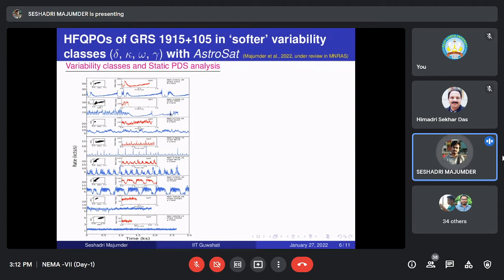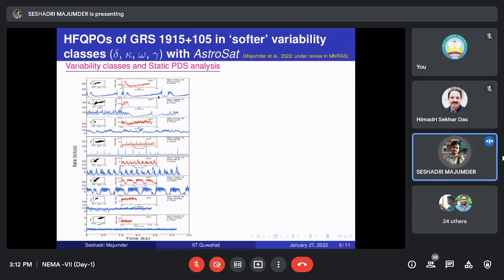Depending on the variability pattern in the light curve and also the distribution of points in the color diagram, that is, the variation of soft color HR1 and hard color HR2, we can identify these soft classes.